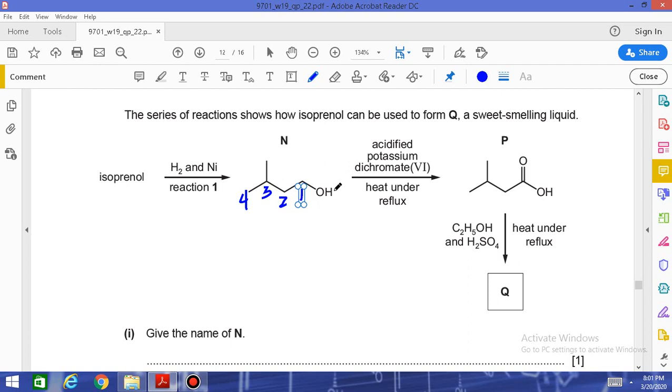It must get the smallest number. So the name of N is 3-methylbutan-1-ol.